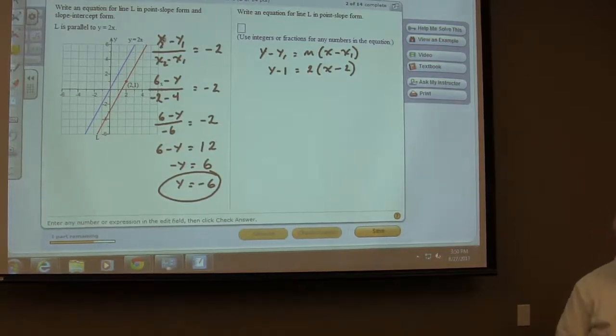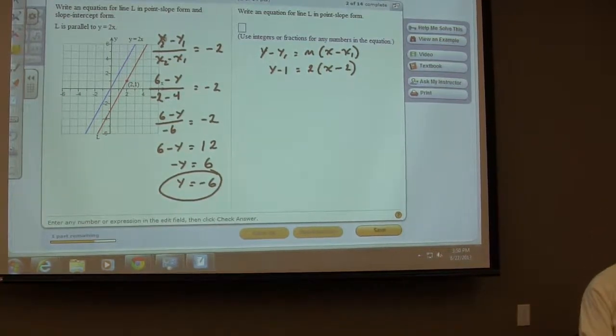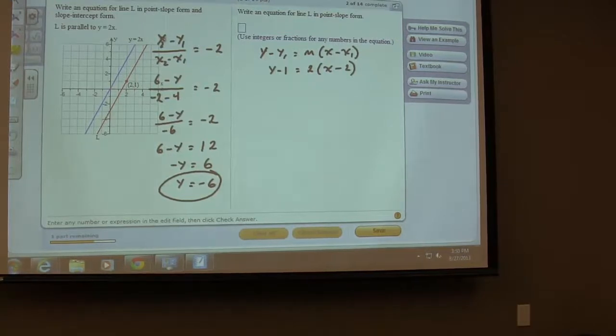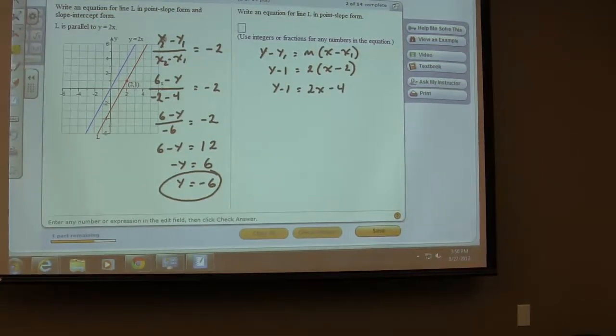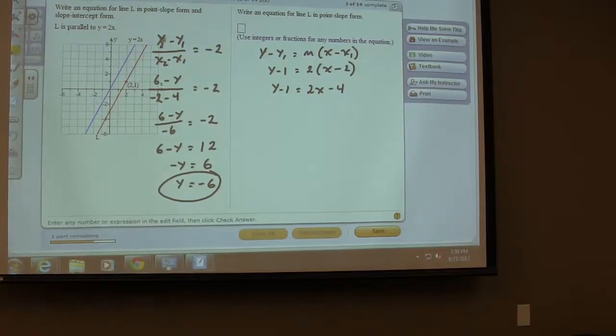So there we have point-slope form. Now what about slope-intercept? Well, to get the slope-intercept, I want to solve for y. So y minus 1 is equal to 2x minus 4, multiply through by the 2. Now I need to move the -1, so I'm going to add 1 to both sides.